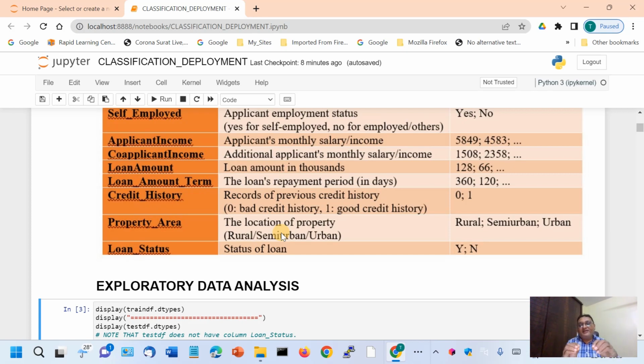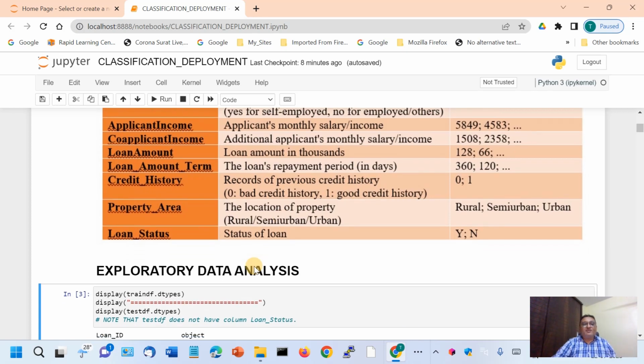So all the applicants make a large pool of data points, and from them we want to divide those data points into two parts: eligible and not eligible. So there are only two classes. That is why this is called binary classification.